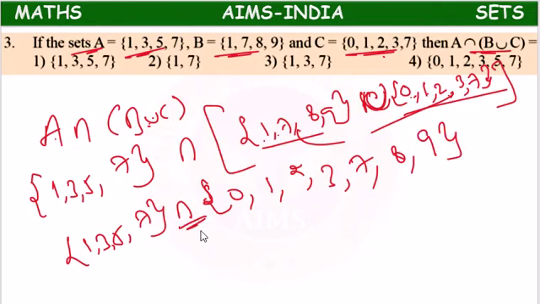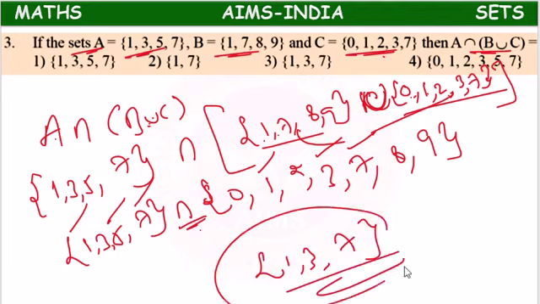Now intersection, common elements: we have 1 on both sides, 3, and 7. So 1, 3, 7 is the answer. So the third option, 1, 3, 7, is the right answer.